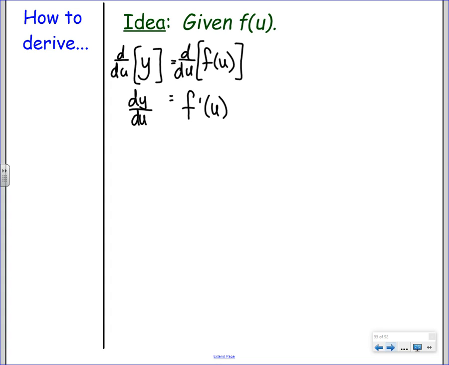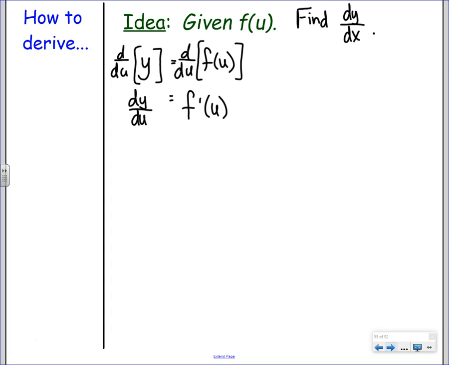If I took the derivative with respect to u, all I have is f prime of u. That would be it. But the problem is, our objective is not to find dy du. Our objective is to find the u is what I put in. What was there to begin with was an x. So I need dy dx.